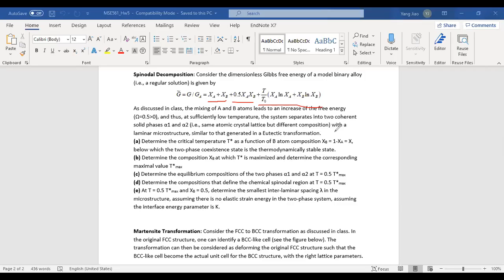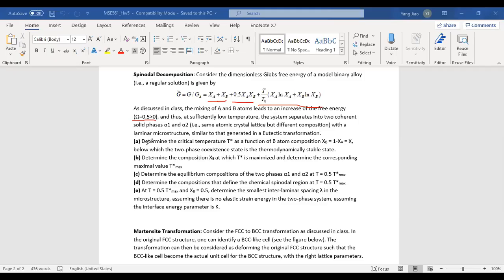So this is the setup, right? And I give you omega greater than 0, which is 0.5, which means that from the enthalpy point of view the system does not want to be mixed together, right? Entropy wants mixing, enthalpy does not want mixing. So in principle, there will be a phase transformation at some temperature.